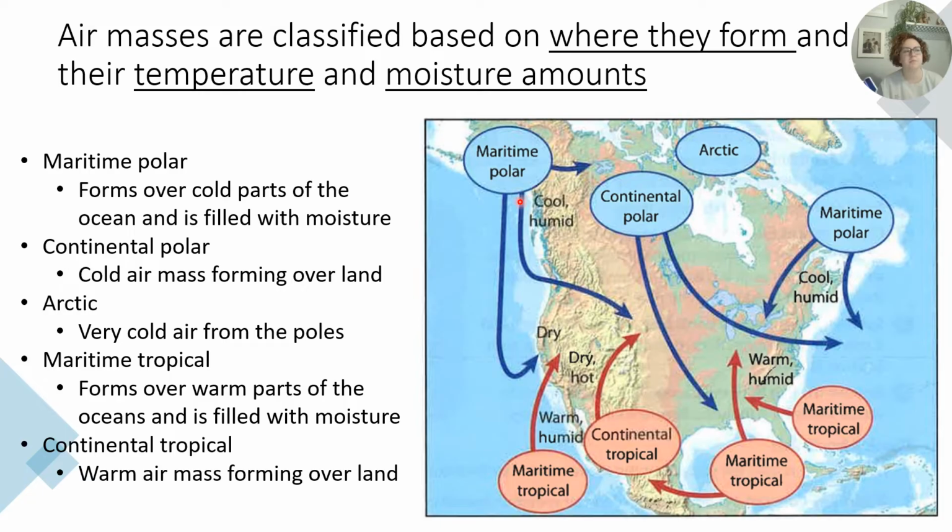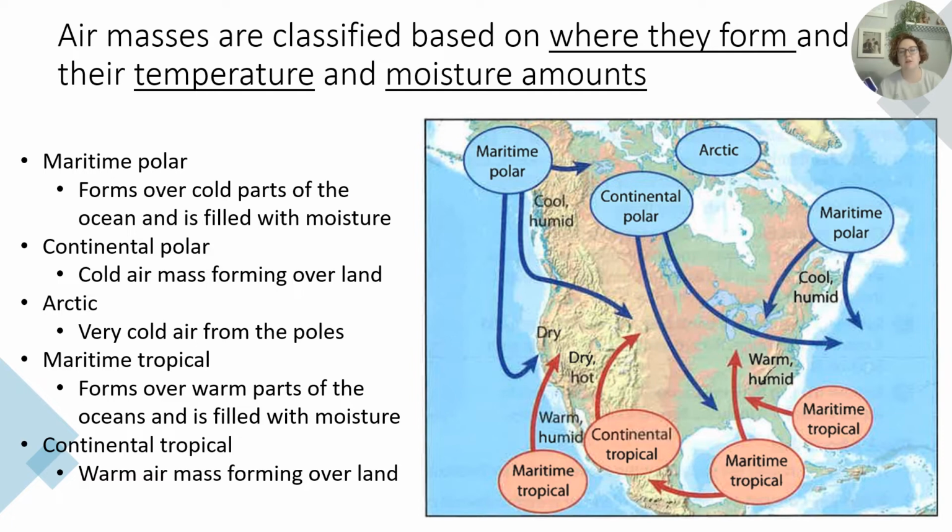And then we also have some above the eastern portion of the US. These are maritime polar. They tend to bring cold, moist air. Maritime, over water, so it's going to be more moist. Polar meaning cold, not frigid, but cold.